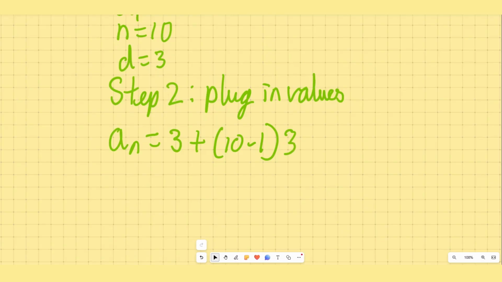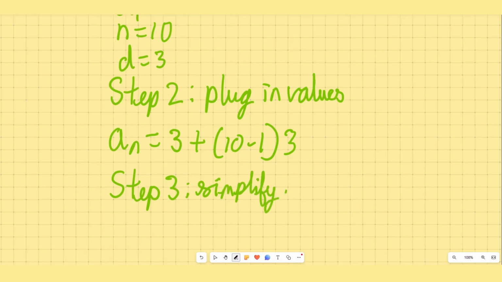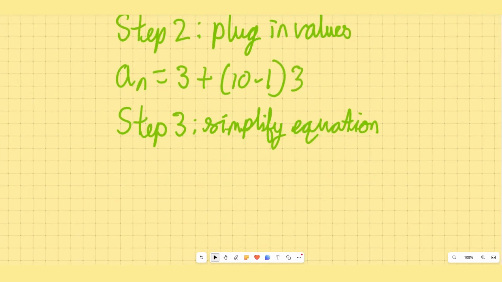Okay, so now that we've plugged in our values, we move on to step 3, which is simplifying this equation. So step 3, simplify equation. So using order of operations, we would first calculate the 10 minus 1, multiply that difference by 3, and add 3 to it to find a sub n.